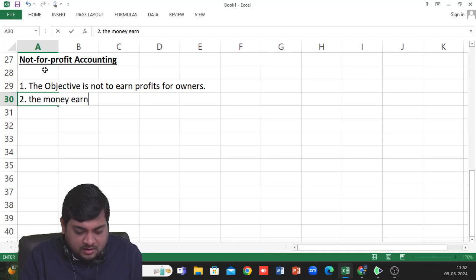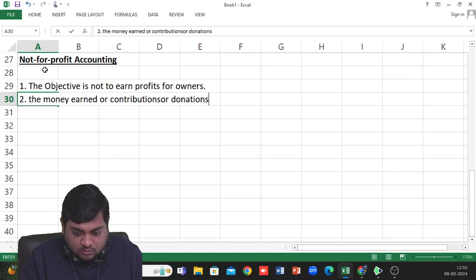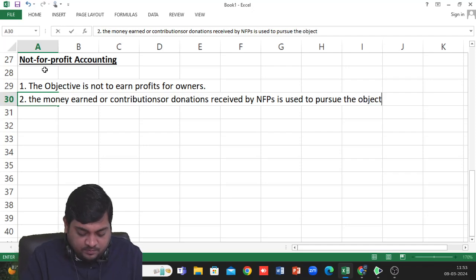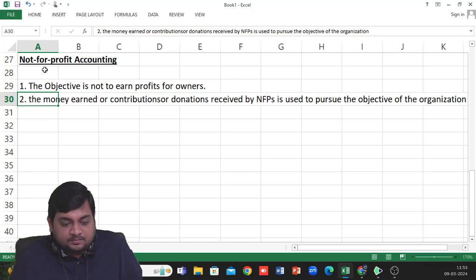The money earned or contributions or donations received by not for profit is used to pursue the objective of the organization, right?